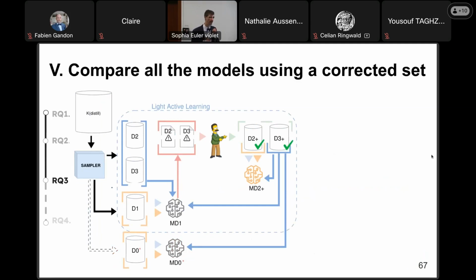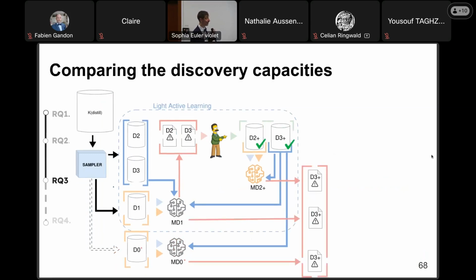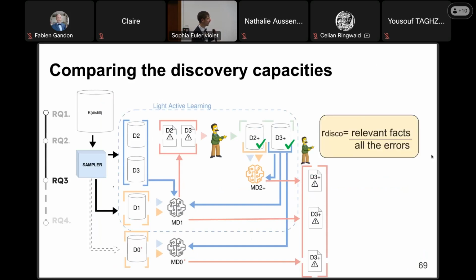And as we also wanted to evaluate, from a knowledge completion perspective, how able our models are to generate interesting triples, triples that were not covered by our knowledge base, we also ask our annotators to once again validate the different errors that were produced during the evaluation of these three last models.